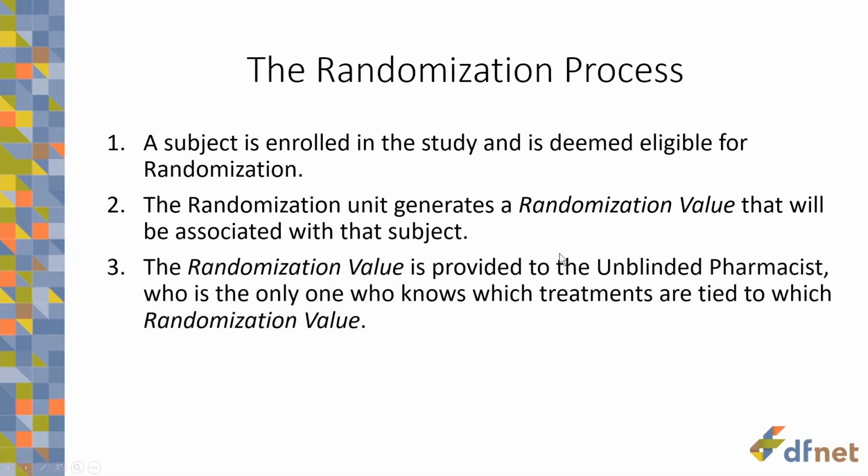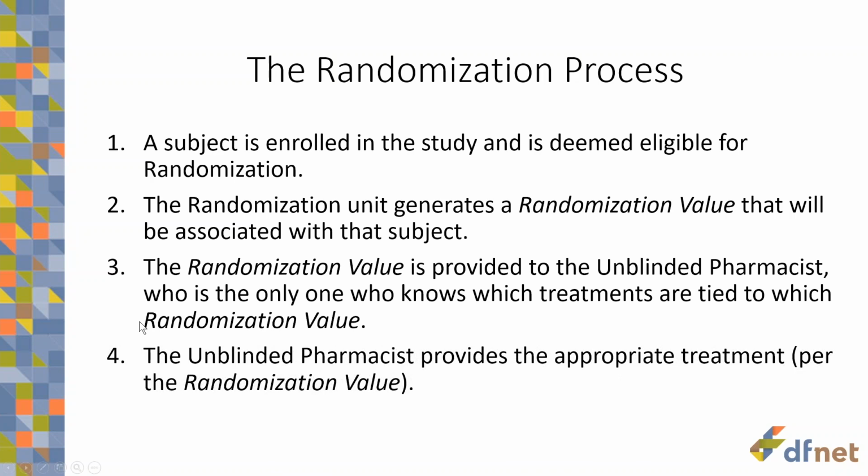Then that randomization value is provided to the unblinded pharmacist, who is the only one who knows which treatment is tied to which randomization value. And then finally, the unblinded pharmacist provides the appropriate treatment to that participant based off of the randomization value provided.